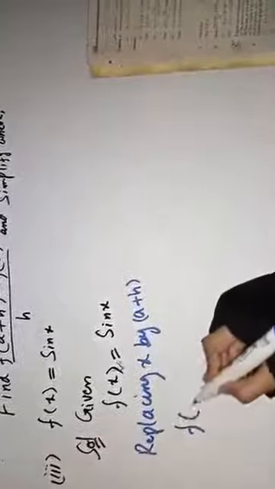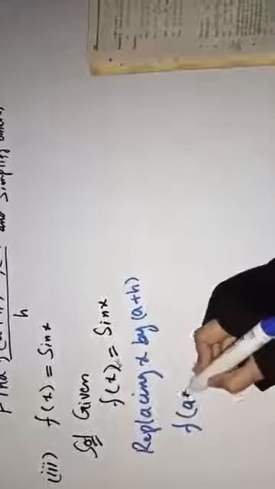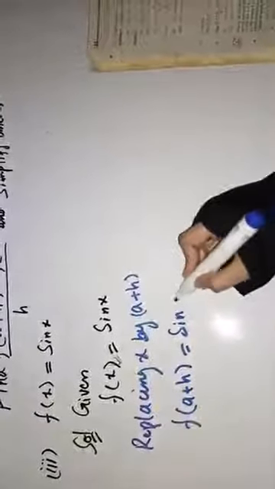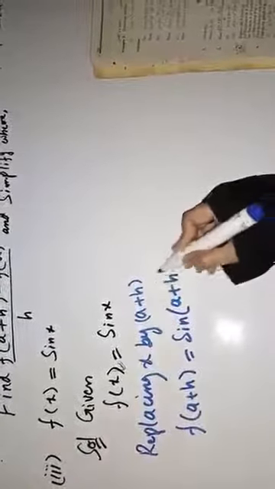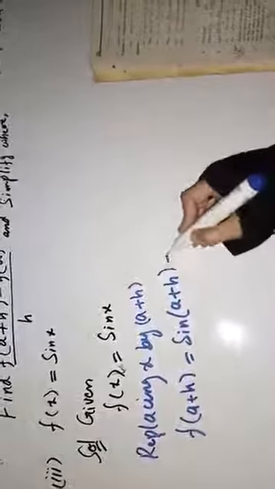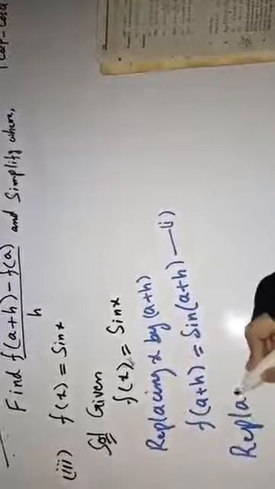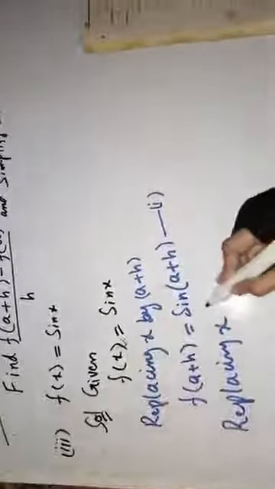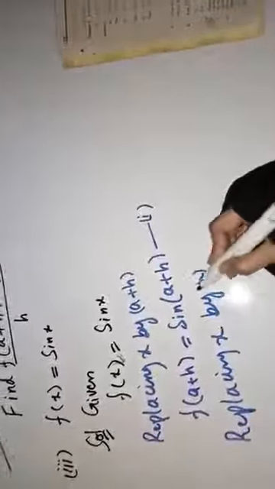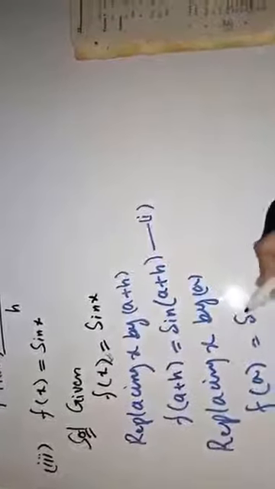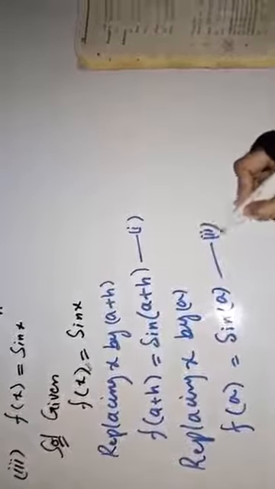So in place of x put a plus h. f of a plus h is equal to sin of a plus h. Give it number 1. Secondly, to calculate f of a, replacing x by a, f of a is equal to sin a. Give it number 2.